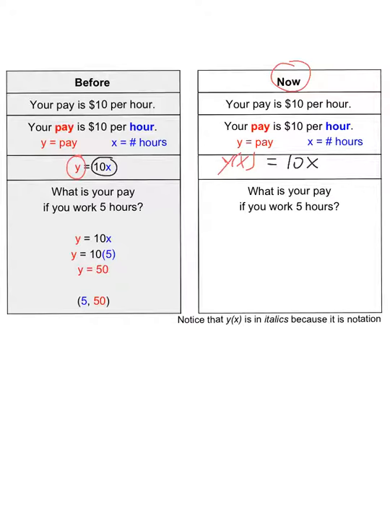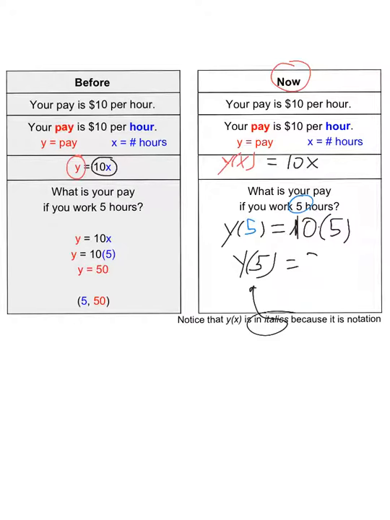And now you can plug in the 5, and you see then that this is times, and again this will be in italics, and there's your answer. And you can write that as an ordered pair just like we did before.